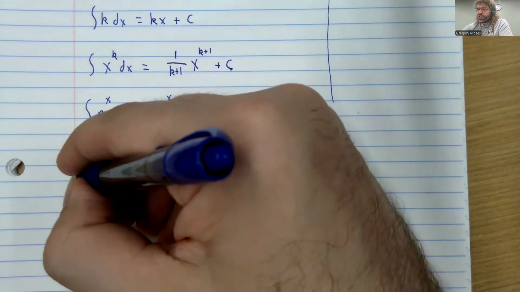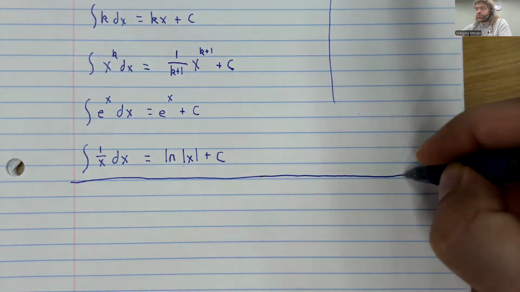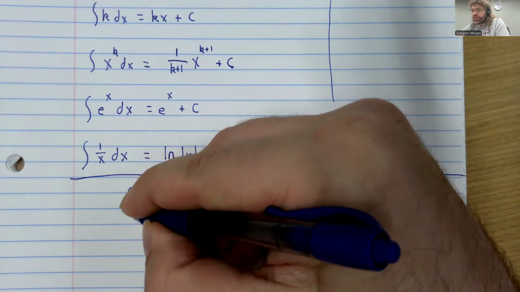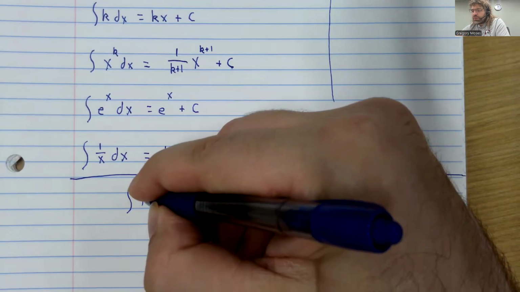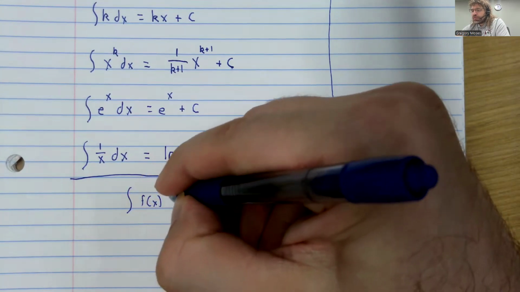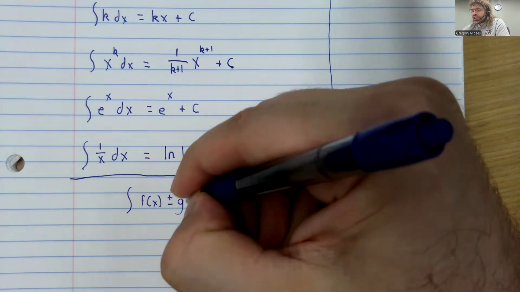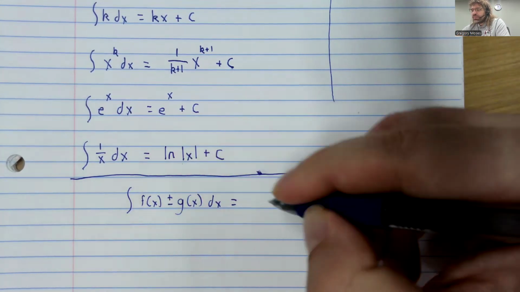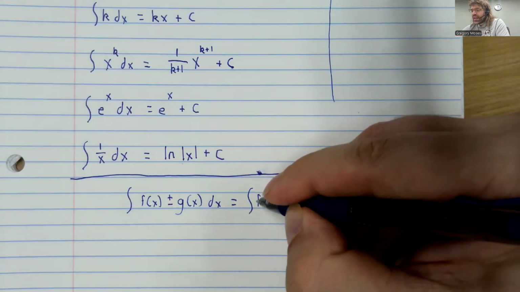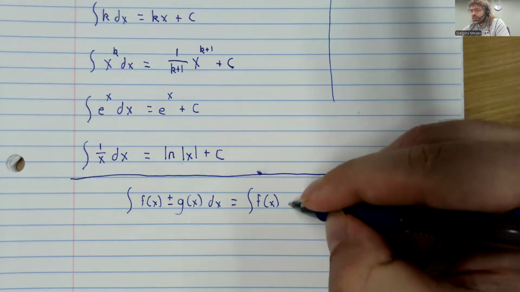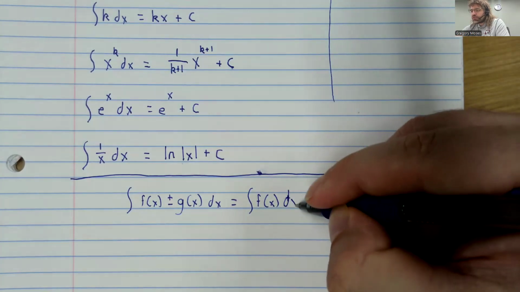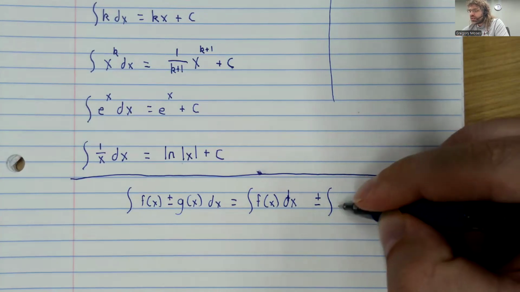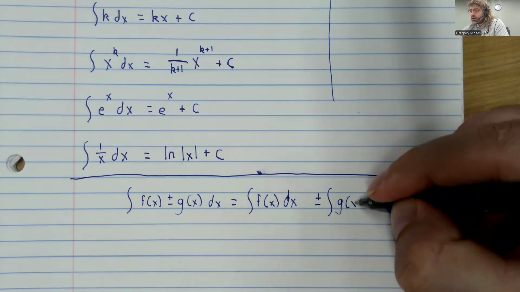In addition to these rules, we have the following. The integral of f plus or minus g dx is the integral of f plus or minus the integral of g.